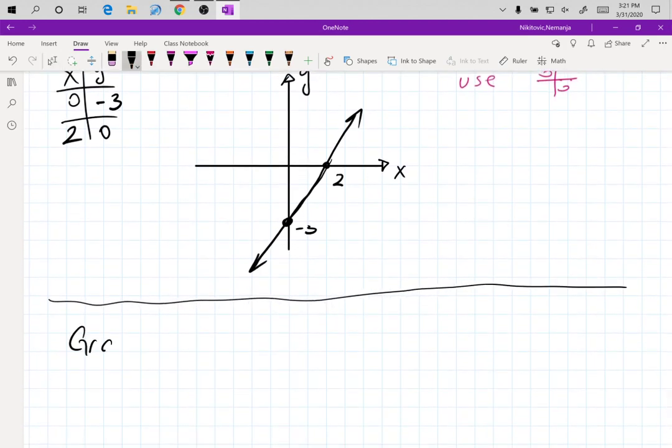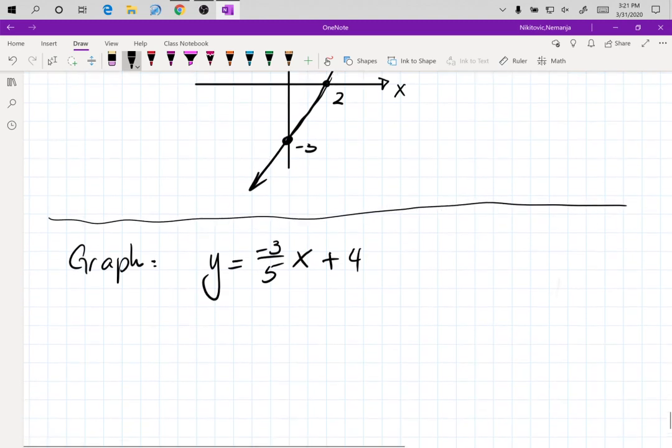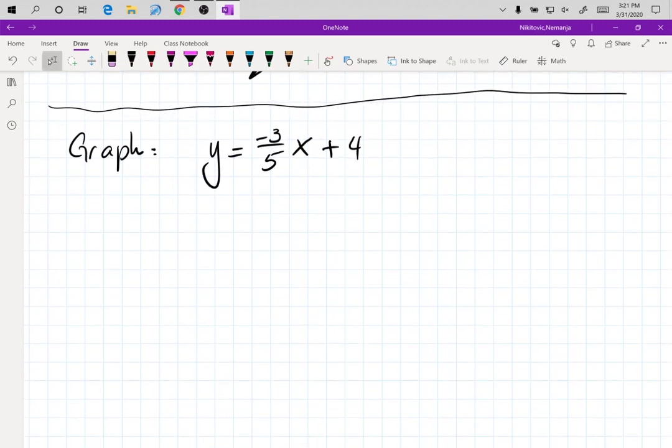Now, graphing can also have slope-intercept form. So let's say you have -3/5 x plus 4, whatever. So this form is called slope-intercept.